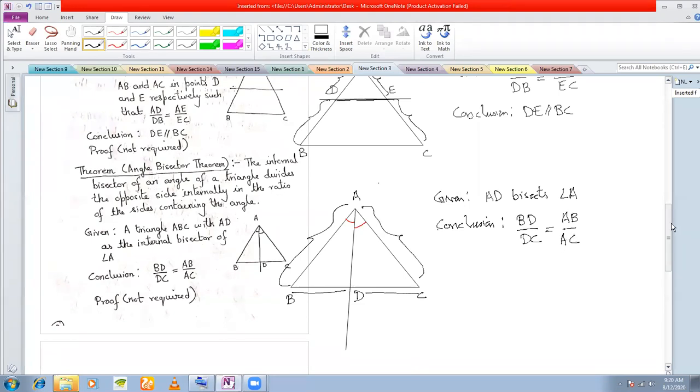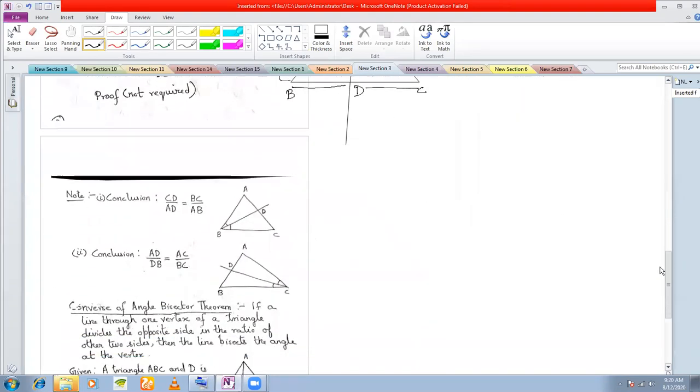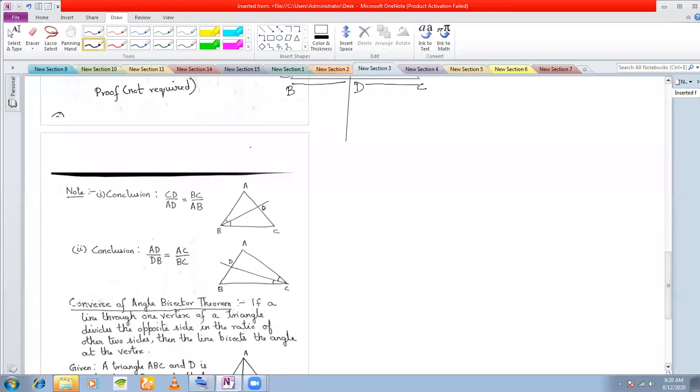Okay, this works for any bisector. The proof of this theorem is not required. It can be done by similar triangles but not required.